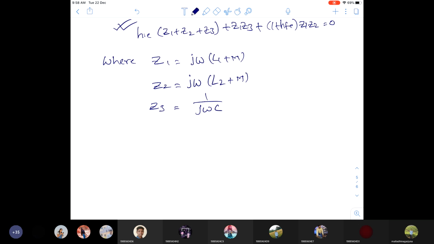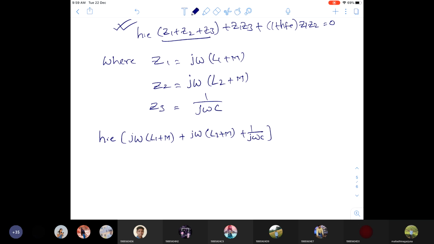Now substitute Z1, Z2, Z3 in the equation. You will get HIE into j omega L1 plus M plus j omega L2 plus M plus 1 by j omega C. In the place of Z1, Z2, Z3, I substituted all the values.